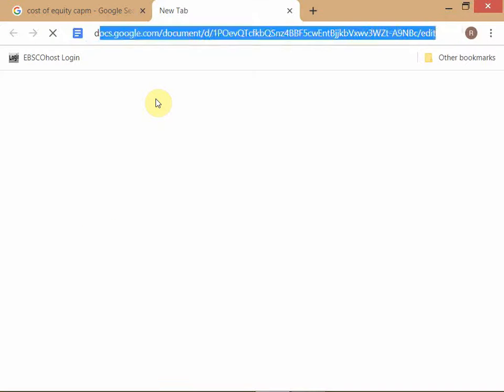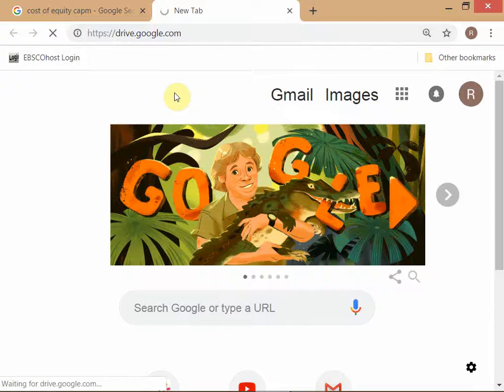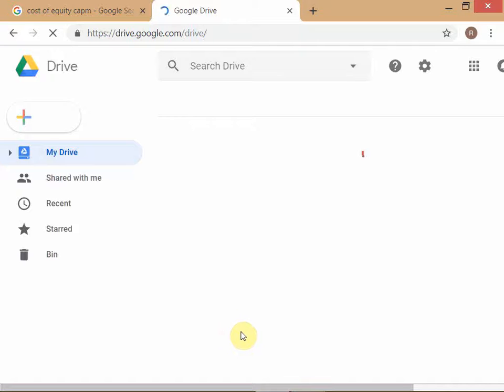I'm going to just open drive.google, it is going to ask me to log in. Okay, I'm going to now just open a document, a page which I will later on put into your folder.